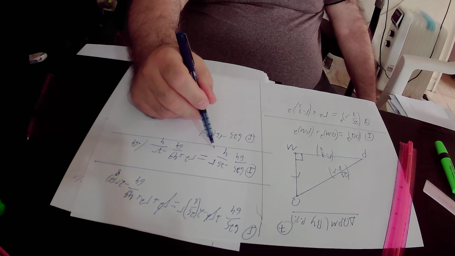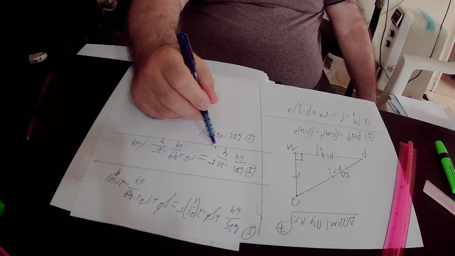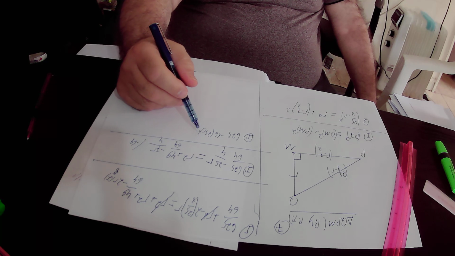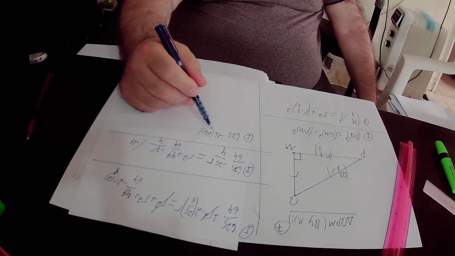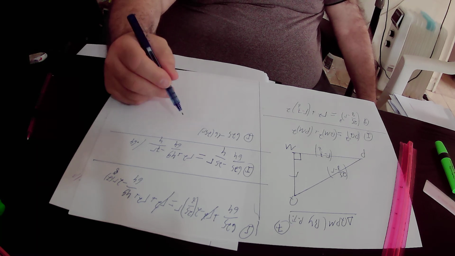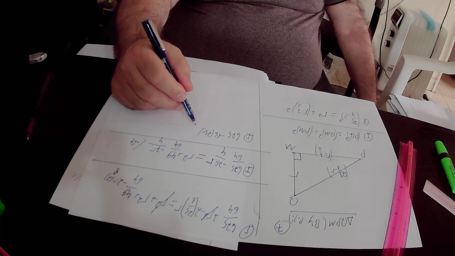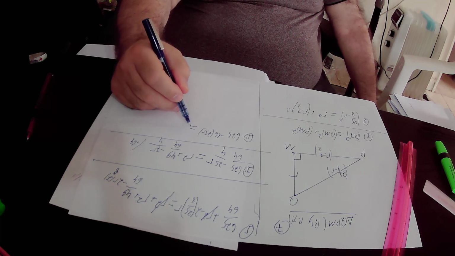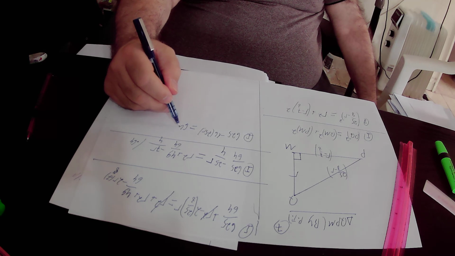On the other side of the equation, we have r squared times 64, which is 64r squared.